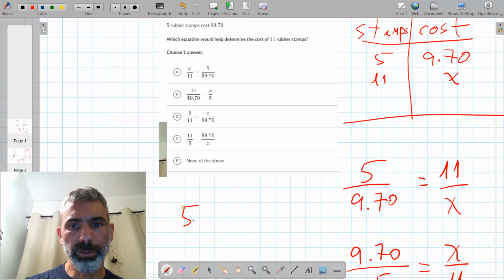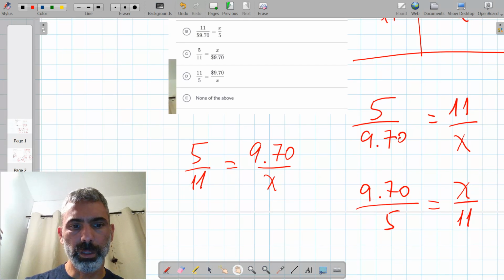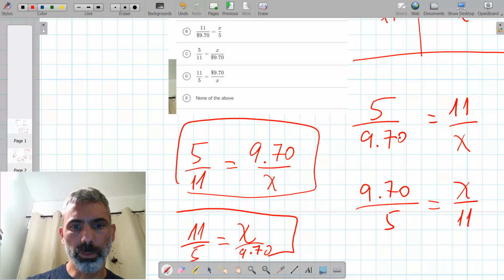So 5 to 11, the ratio between 5 and 11 is the same ratio between 970, which is how much 5 stamps cost, and the amount that 11 stamps cost. The x is the unknown. And I can write it the other way around. 11 over 5 equals x over 970. So these are the 4 correct options.